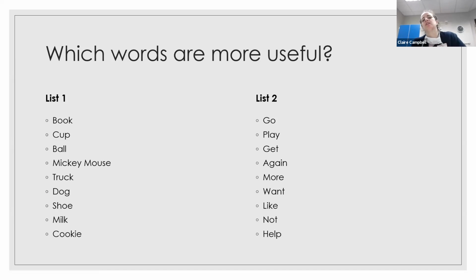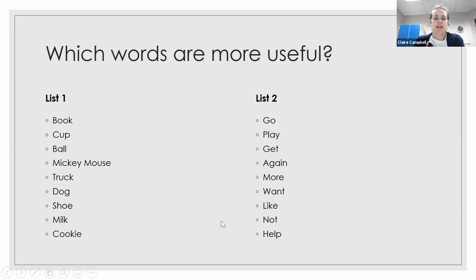Just take a few minutes and look at those words. So hopefully it's pretty obvious to you that list 1 is completely different than list 2.